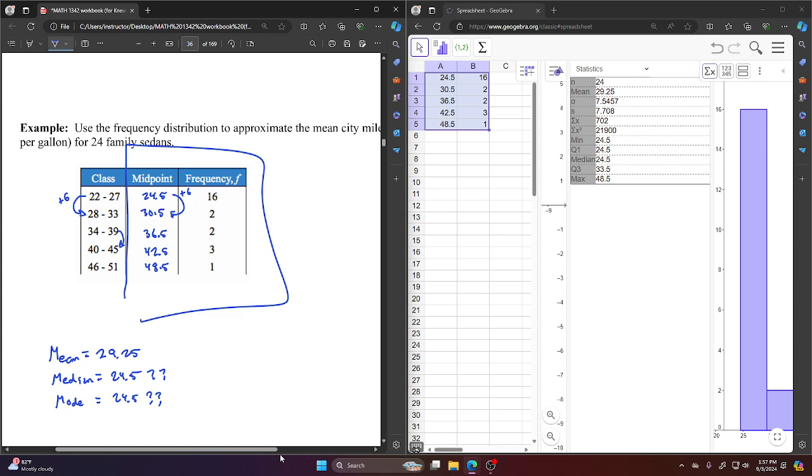But I have no clue if that was 22, 22, 22, 22, or 22, 23, 24, 25, 25, 25. No way to know. So does the median make sense in this case? Not as much. It's just saying what's the most frequent class, which is this class.